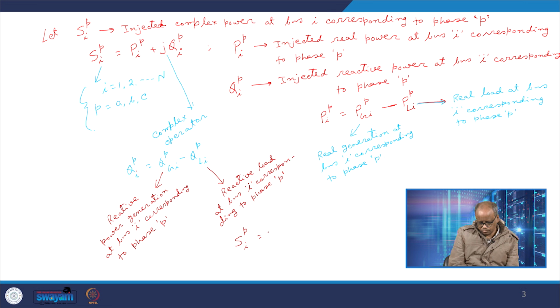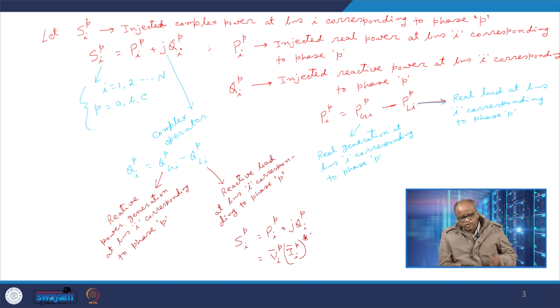We also know that S_i^p is equal to P_i^p plus jQ_i^p, and that is given by V_i^p into I_i^p conjugate, where the star denotes complex conjugate.